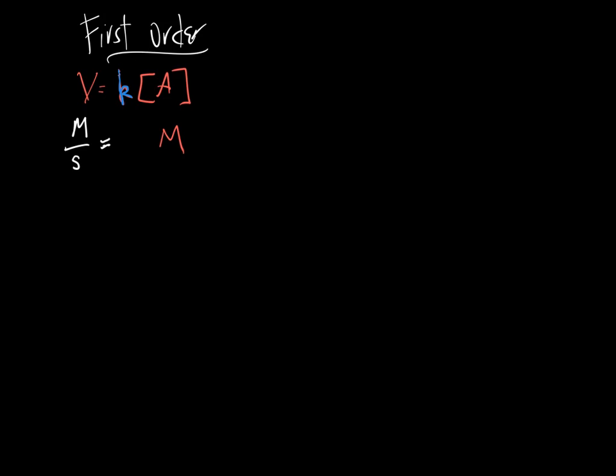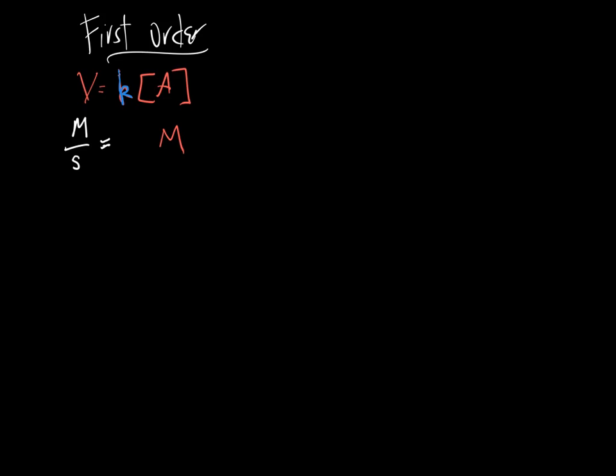Just like in algebra, you've got to get the two sides to match up. Well, it can't just be seconds, because otherwise it'd be seconds times molar, right? So what will the units be? How do we get seconds on the bottom?